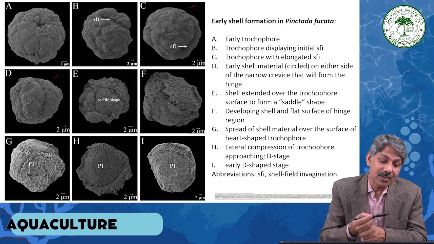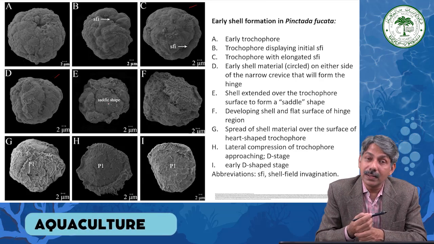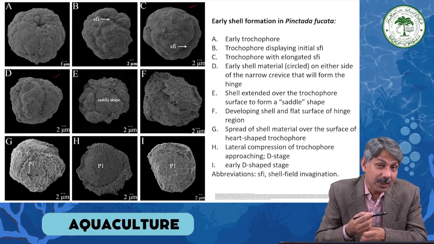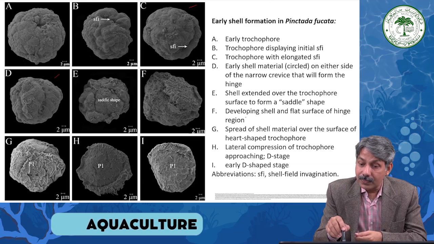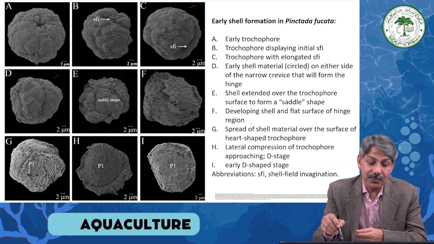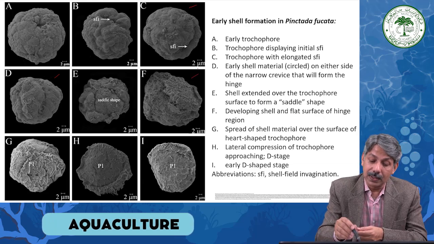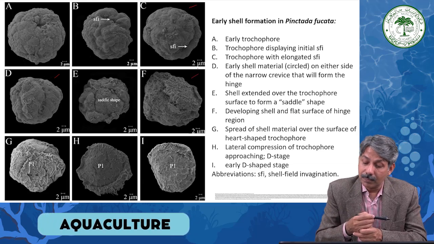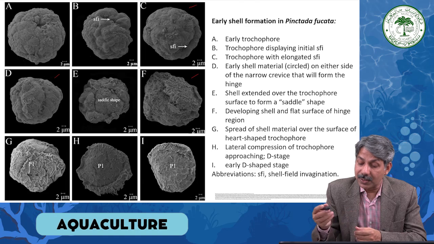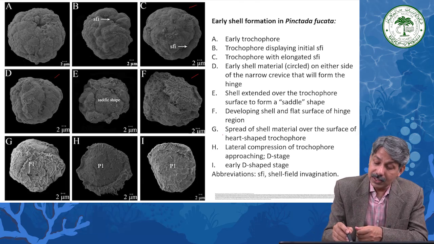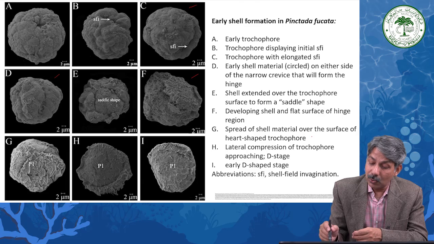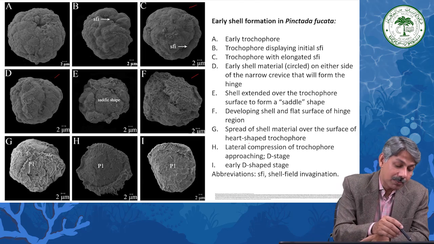So, a peculiar shape started to form here, that has been represented in E. F, developing shell and flat surface of the hinge region is shown. In G, we have a spread of shell material over the surface of the heart shaped trochophore.